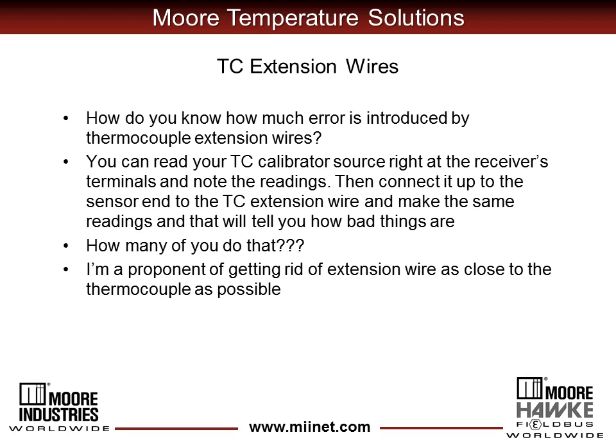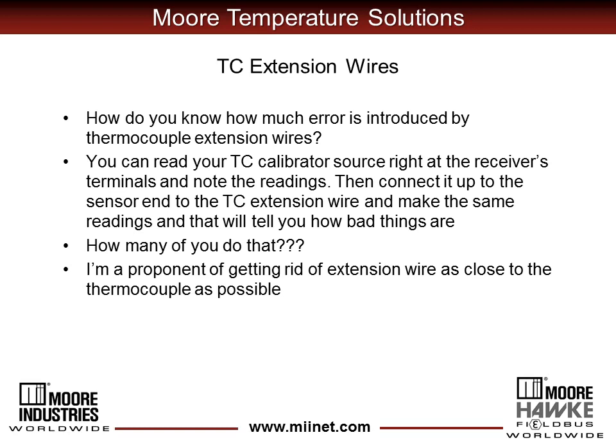Do you check to see how much error is caused by thermocouple extension wire? Most people I know ignore the entire subject until operations calls up and declares that this temperature measurement is a problem, or perhaps there's a catastrophic measurement failure.